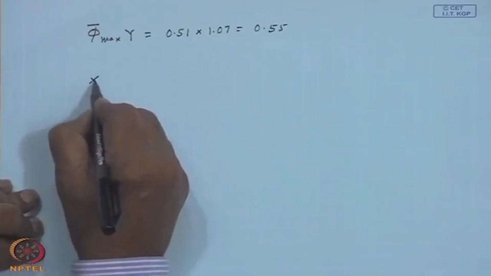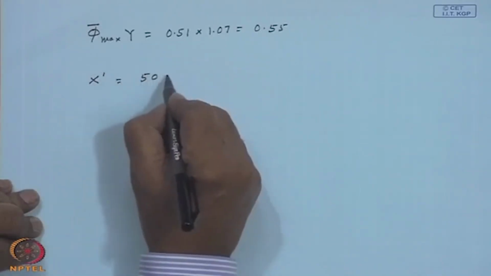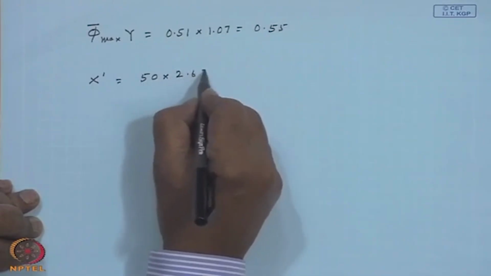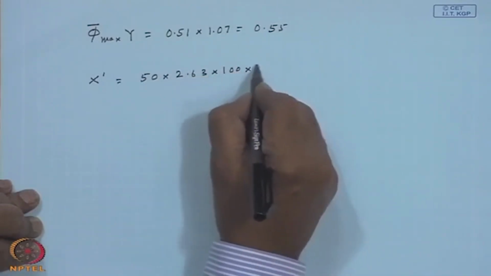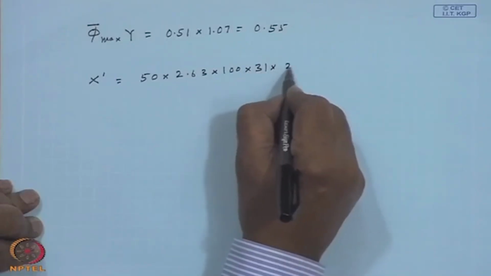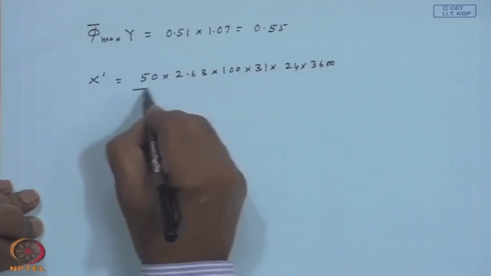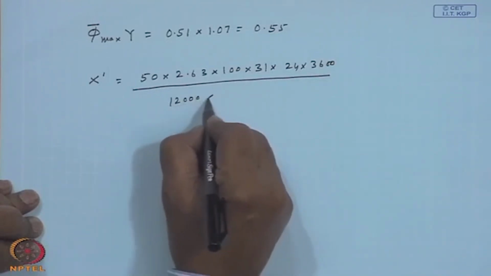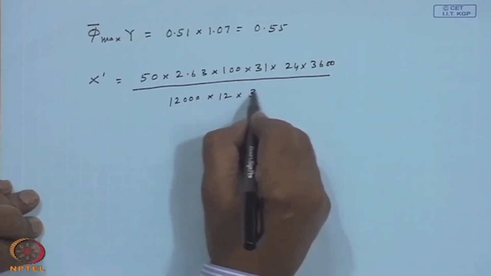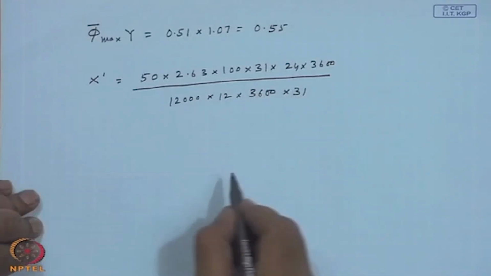And the second variable x dashed is area multiplied by FR UL times just a scaling factor 100 multiplied by the number of days or number of seconds in the month by the chunk 12,000, 12, 3600 times 31.